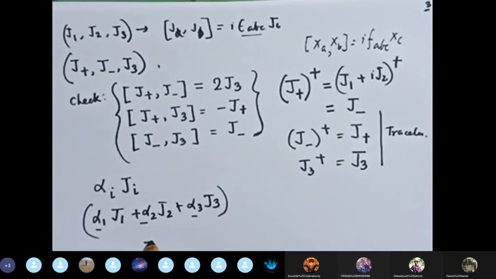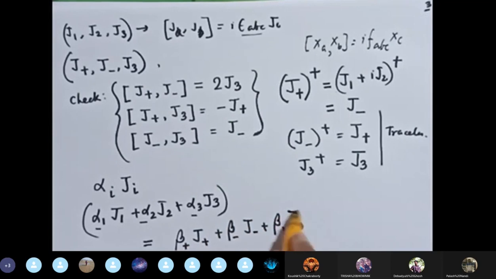You can write this also in this form: beta plus J plus plus beta minus J minus plus beta 3 J3. This matrix is traceless again, but for this to be Hermitian, the coefficients need not be real.